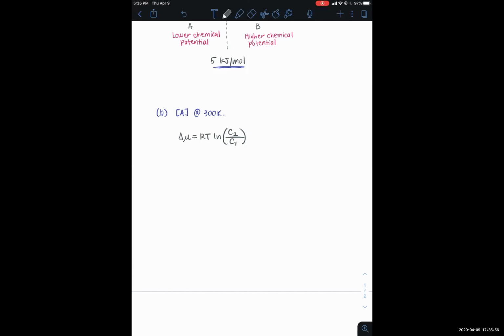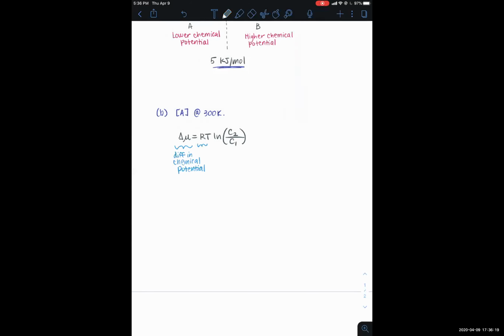So this is the difference in chemical potential. And in this case, we're given the concentrations in molars, so we would use R instead of KB.